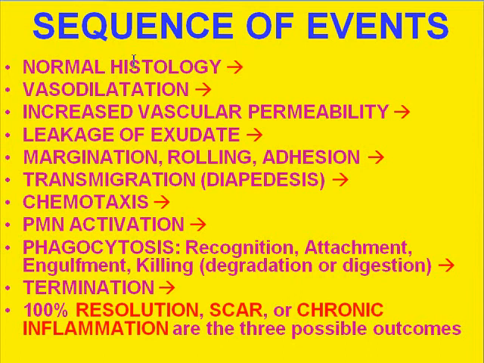Now, the very first thing that happens in this Cecil B. DeMille epic is for vasodilatation to occur. And it's usually and primarily at the level of the post-capillary venules. But during this big battle, a lot of other vascular changes occur.